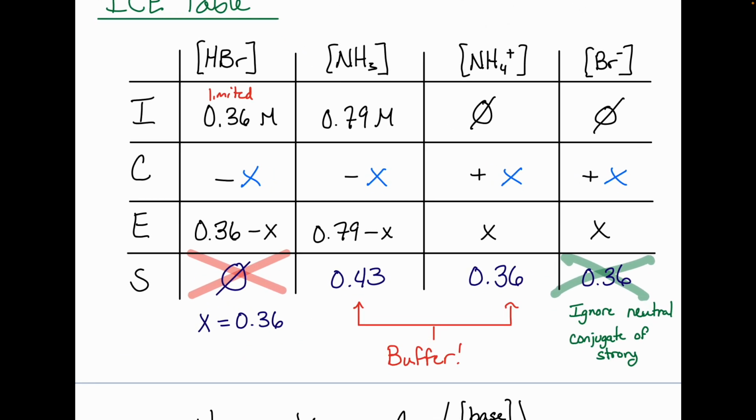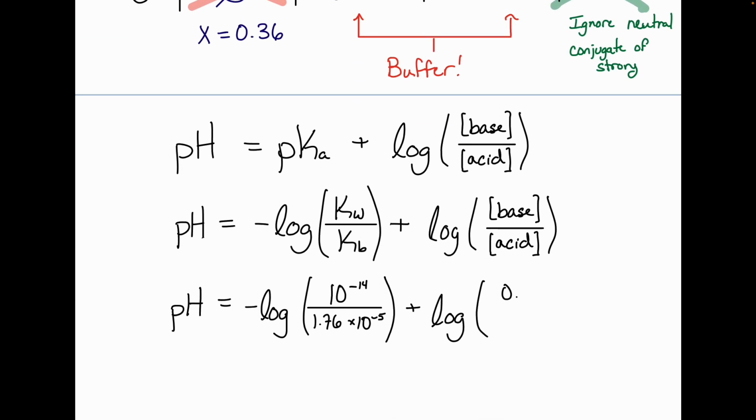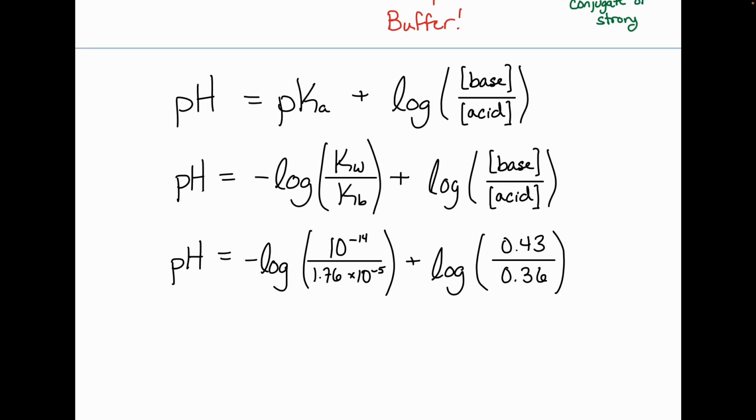Which one of these is, if I'm going to do my ratio of base to acid, which one of these is my base, the ammonia or the ammonium? The ammonia is my base. This would be its conjugate acid. So that 0.43 needs to go in the numerator, 0.36 in the denominator. All right. Punching this into my calculator, I get a pH of 9.323.